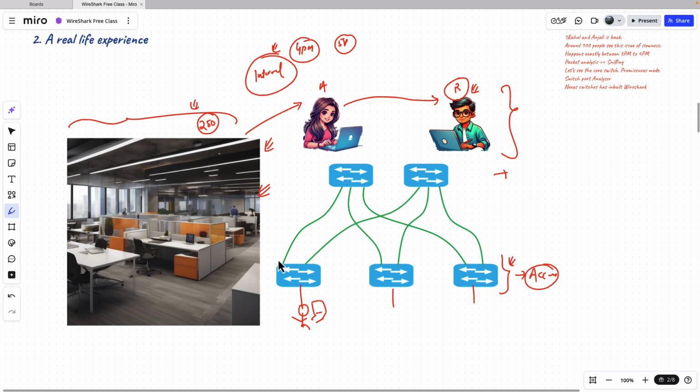And then because this is not a huge network, we have combined two layers, distribution and core, into one. So we have this distribution and core layer, and we have these access switches, right? And there is one network right here, around 250 people, which is facing an issue. Maybe some of the users of this network are on this switch or on this switch, and we all know that we call them VLAN. If you are not sure about VLAN, that is perfectly fine, right?